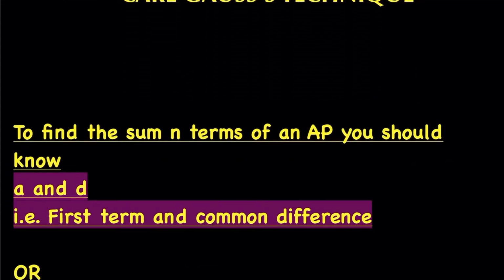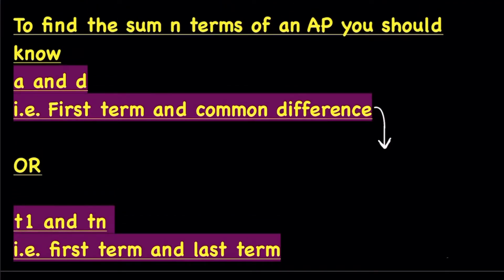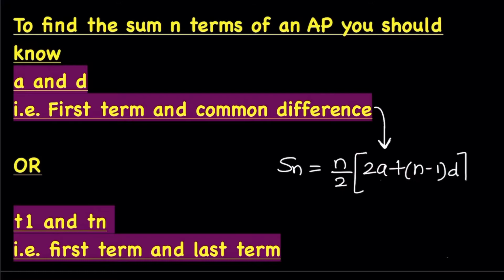To find the sum of n terms of an AP, you should know a and d, that is the first term and common difference, or T1 and Tn, that is the first term and last term. There are two methods. The Sn formula is given as n upon 2 into 2a plus n minus 1 into d. Here you should know the values of n, a and d.